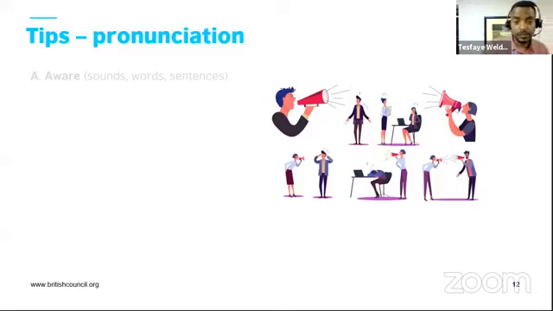So some more tips here. When we think about pronunciation, we are talking about the individual sounds. So for example, in Ethiopia, the common problem is around the th sound, because it doesn't exist in most Ethiopian languages. The students I have taught over the years have told me that it doesn't exist in their languages.